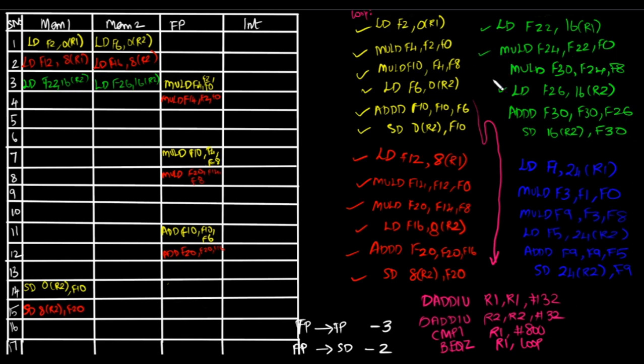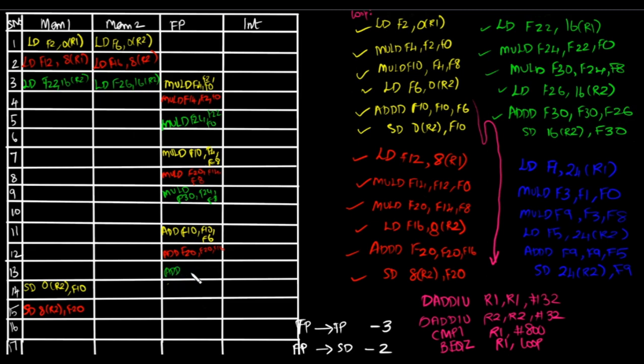So then you can put these two mul consecutively, mul F24 comma F22 comma F0, and this mul comes here, mul D F30 comma F24 comma F8. Okay, now this add, we know we have a slot here, we can fill it here.